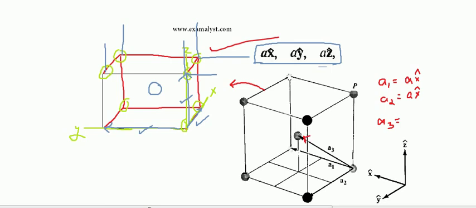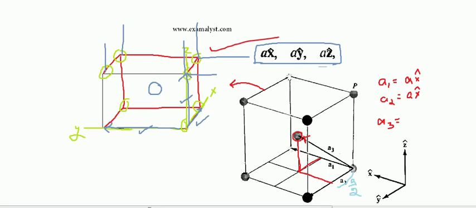Now a3 is a vector that represents the body centered atom. You know the body centered atom is exactly at the center of the entire cube. So when it is at the center of the cube, if you draw a normal, you see the red line, and then you take two normals from here on the x-axis and a normal to here on the y-axis, then this part will be a by 2 actually.